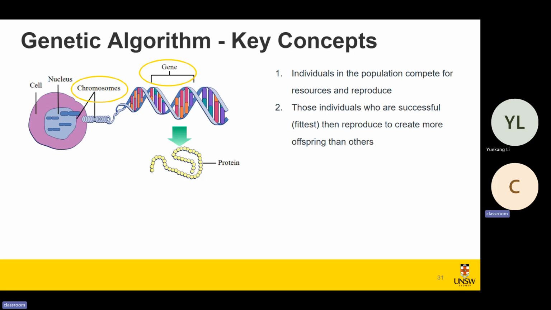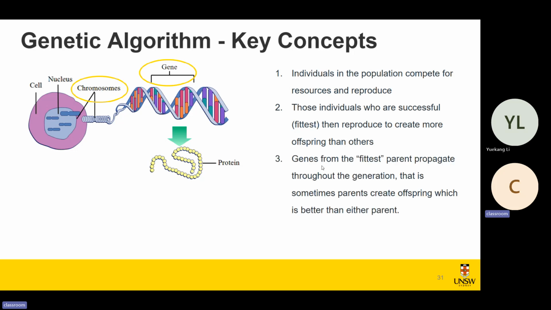Those individuals who are successful, as calculated as fittest by the fitness function, then reproduce to create more offsprings than the filtered out ones. So we can keep the genes of the fittest parent and propagate the good characteristics from the parents throughout the generation.